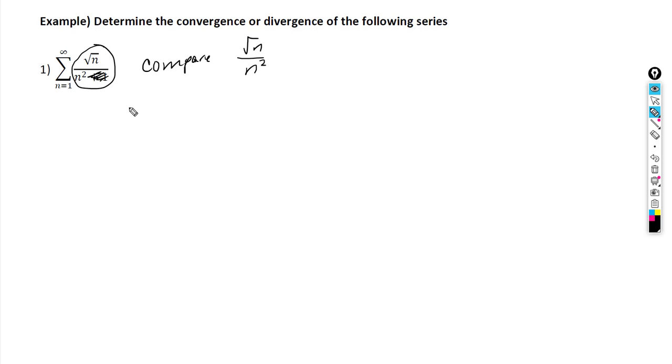It's negligible at infinity. So if I do this, this is going to be 1 over n to the 3 halves. This is n to the 1 half. When I reduce, I get 3 halves in the denominator. So I'm going to compare it to 1 over n to the 3 halves. So this is my new a sub n, a sub n.